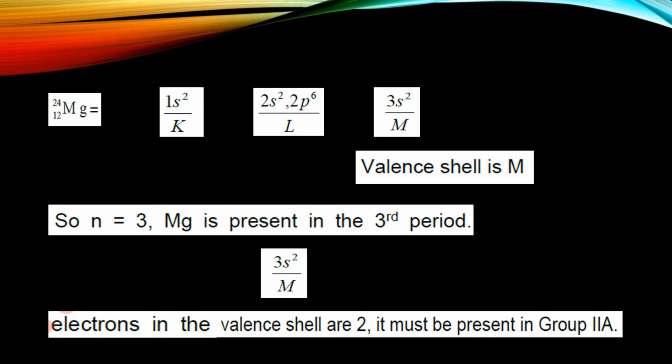And the number of valence electrons is 2, as the M shell is the valence shell and it contains 2 electrons. So this magnesium is present in the second A group. In this way we can find out the position of an element in the periodic table by knowing its electronic configuration.